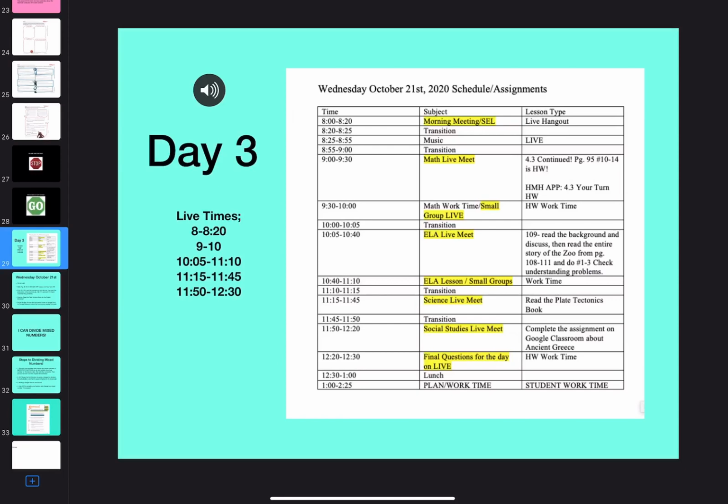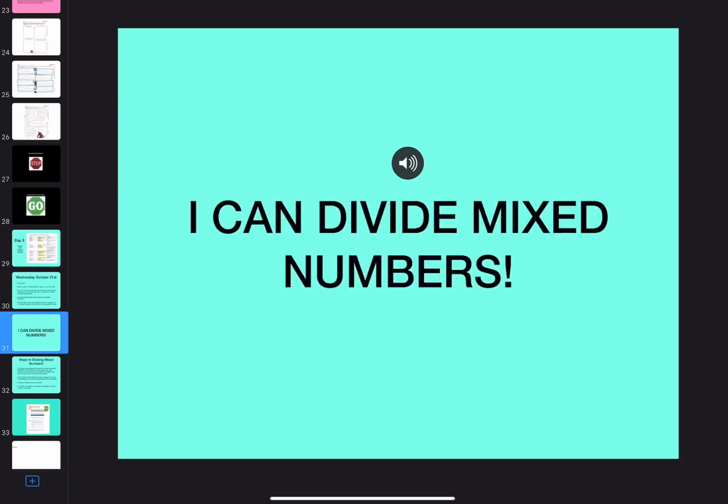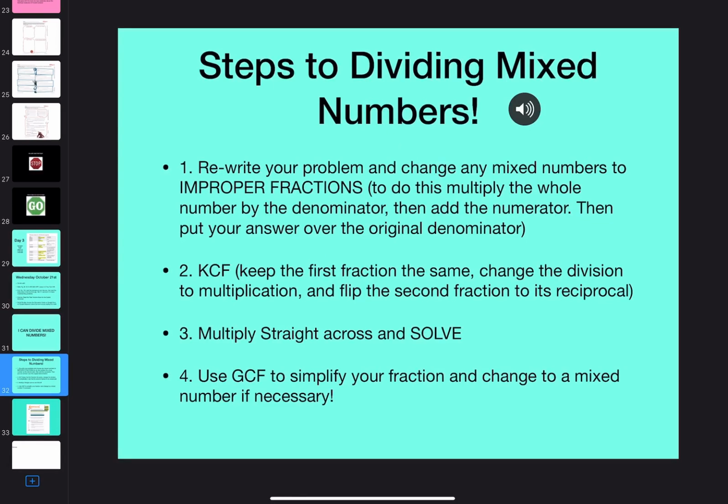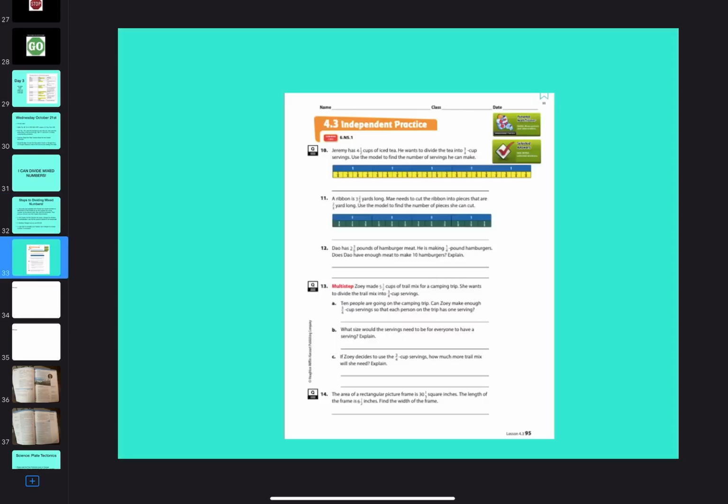And then we're on to day 3, Wednesday, our live times, our form with our homework, and then here is our to-do list. And it's math, ELA, science, and social studies, and then it goes through it. So if you miss our live times and you go in order, it's going to help you get this work done. And any little speaker is my voice recorded with instructions.